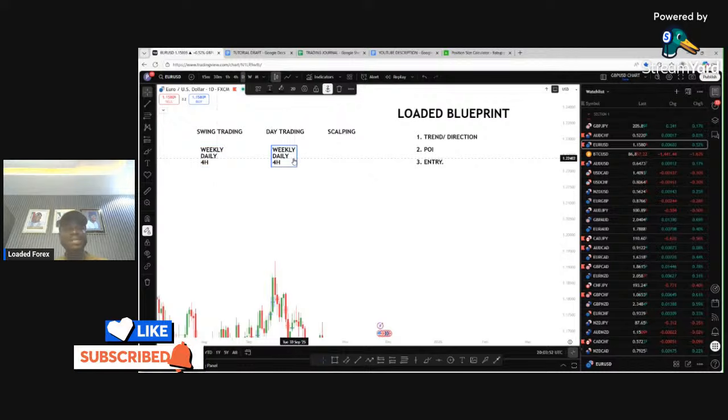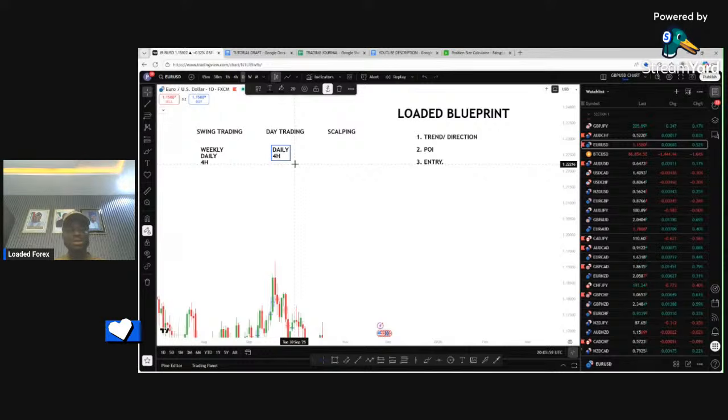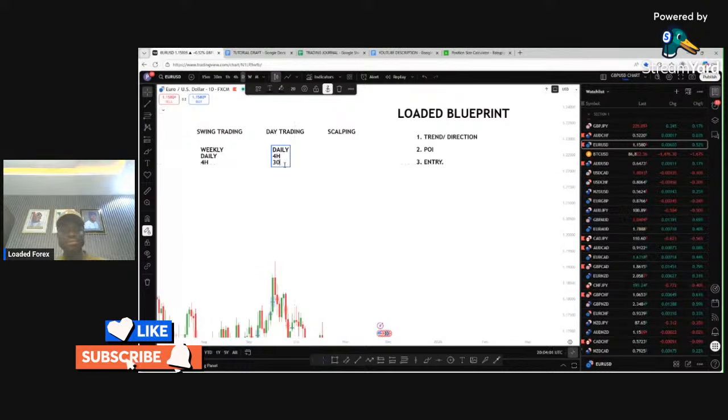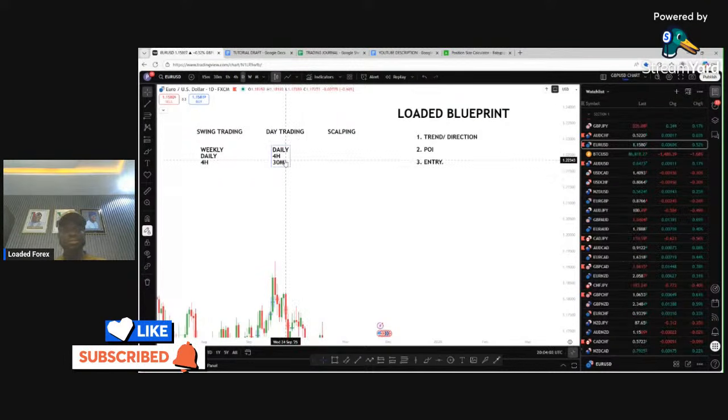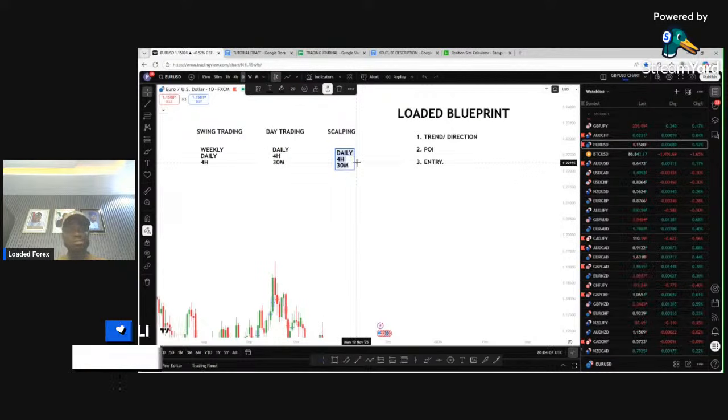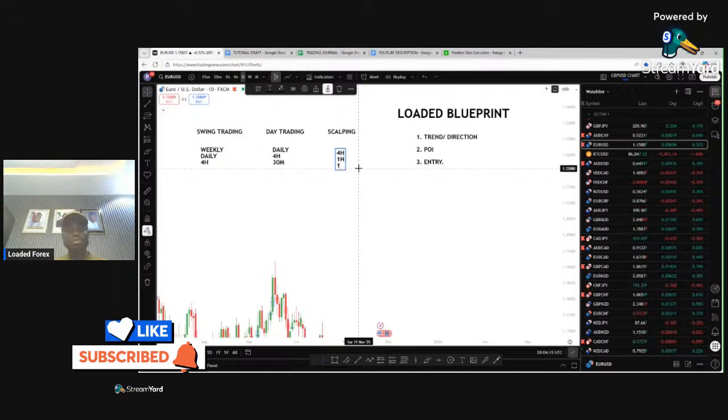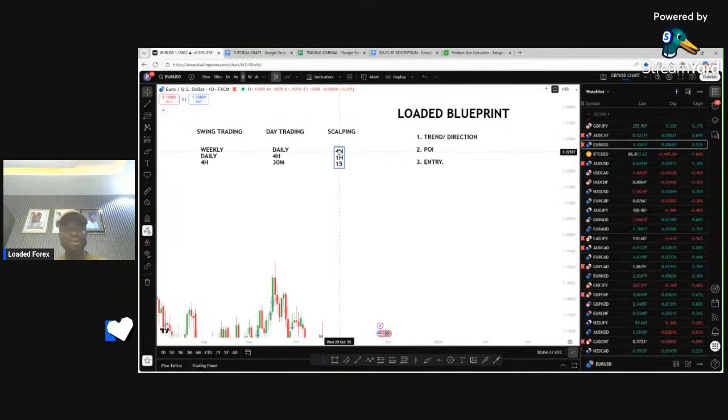Then as a day trader, you need daily, 4 hour, then 30-minute time frame, right? As a scalper, you need probably 4 hour or 1 hour time frame, then 5 minute or 15-minute time frame.